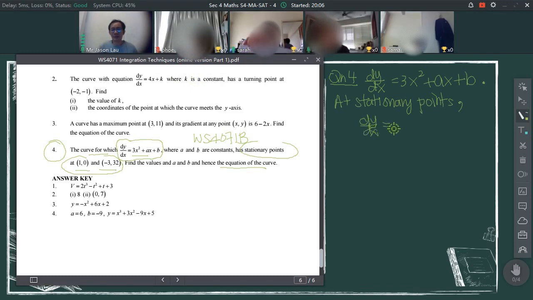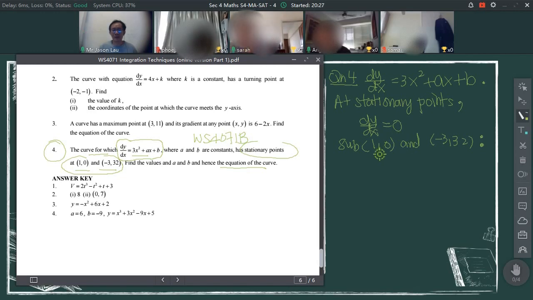This is a very important piece of info that you know. So we sub in these 2 points to take advantage of the differentiation property.